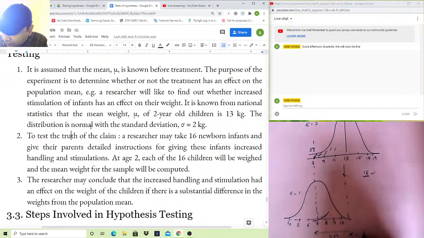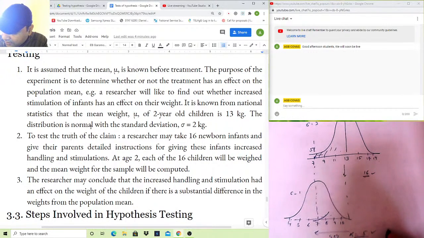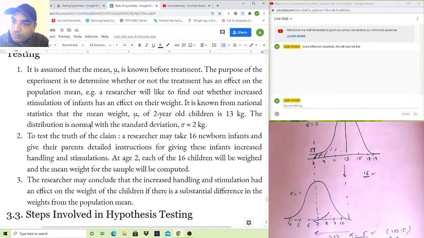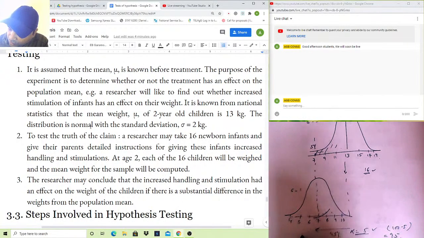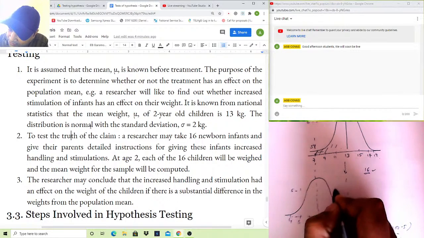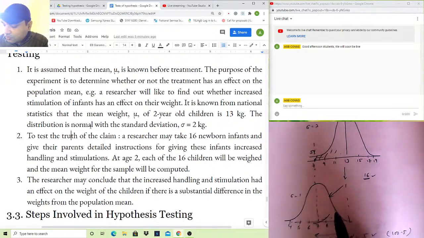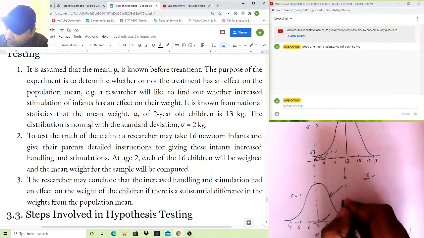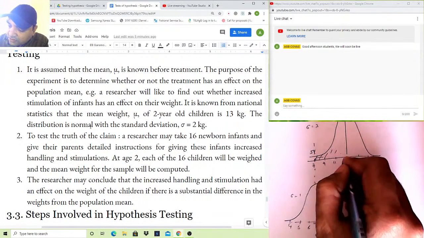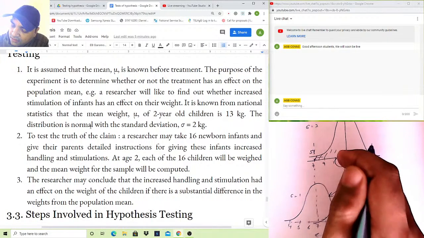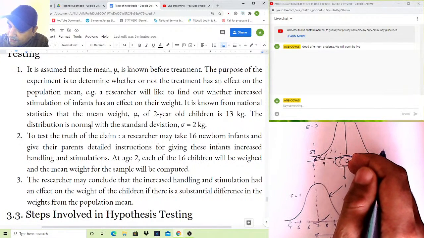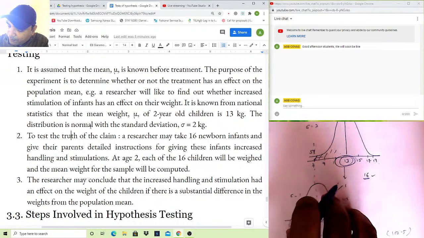That is alpha equal to 5, that is 100 minus 5 is 95. So it is beyond this value. When it is beyond this value, we can say that this sample significantly differs from the population. So we will reject our null hypothesis that there is no change in the weight by stimulation on the sample.